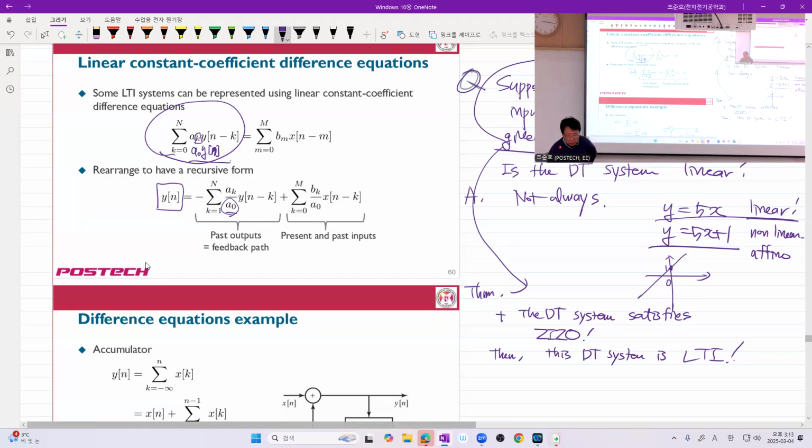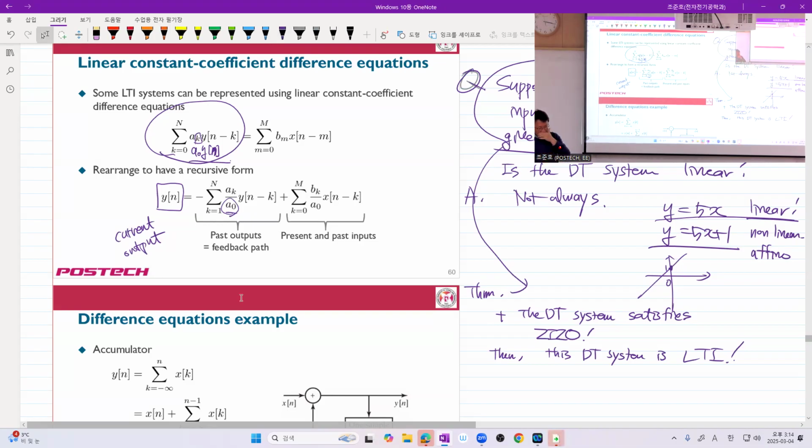We have the current output, the output at time n, now rewritten as a linear combination of all the outputs and all the inputs. And this is another way to rewrite an LCCDE. So sometimes your LCCDE is given in this form or in that form, but both are in the form of LCCDE.